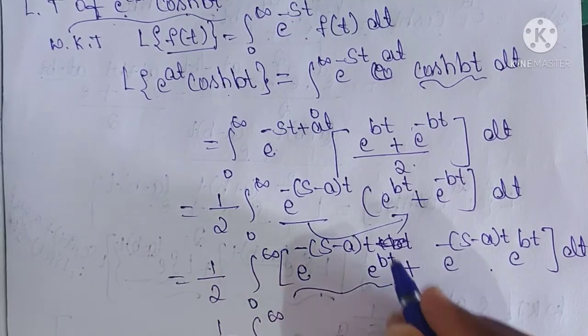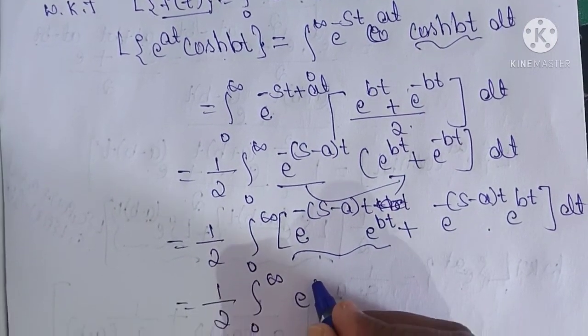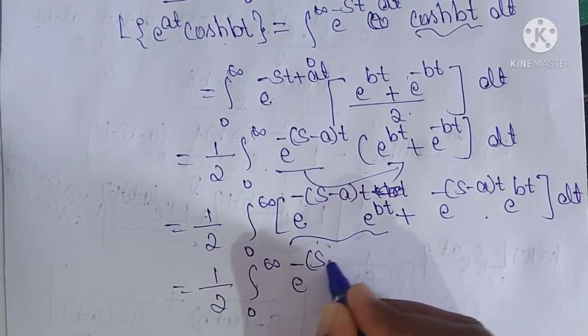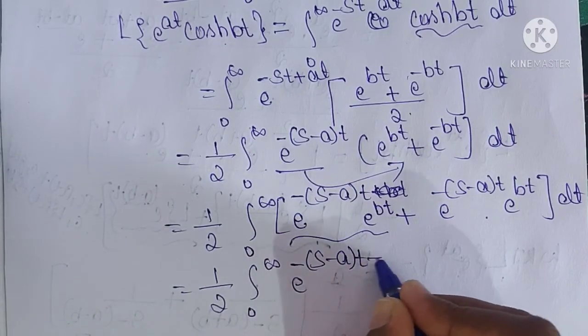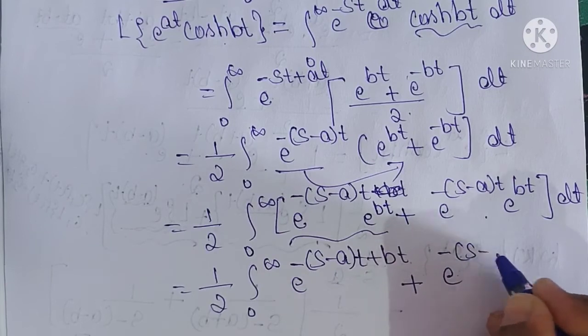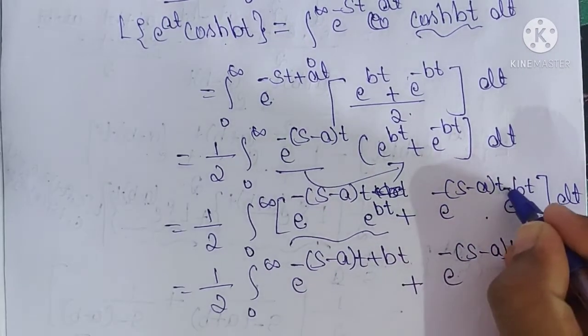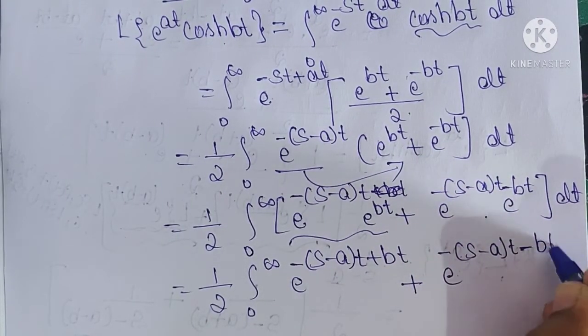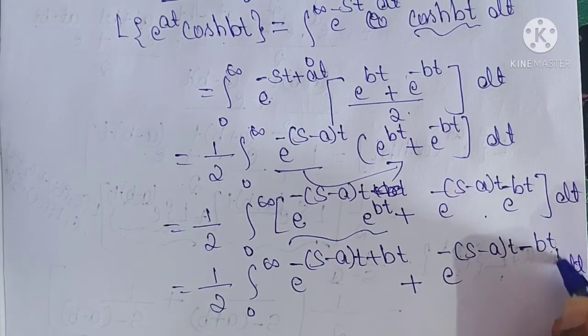Here the bases are the same, so add powers: e^(-(s-a)t+bt) plus e^(-(s-a)t-bt) dt.